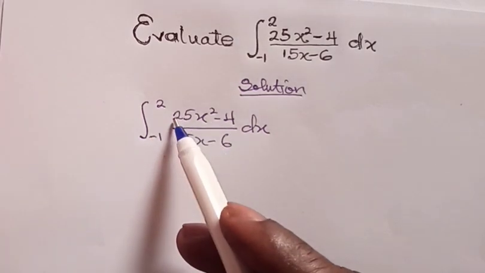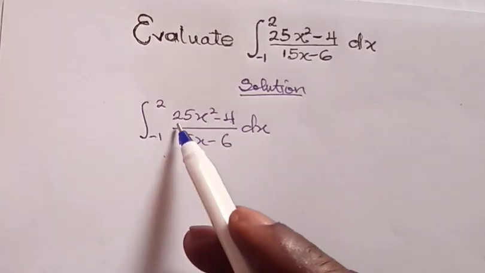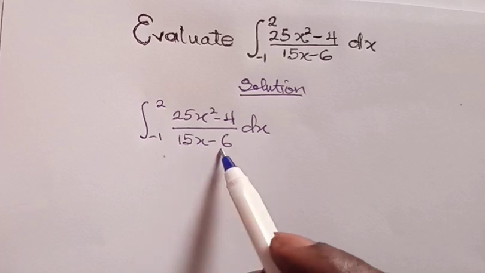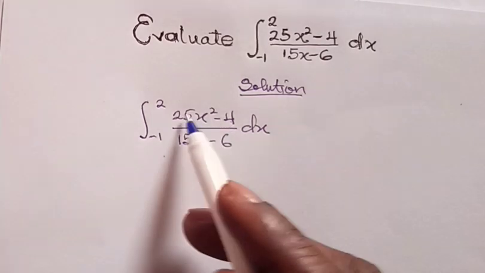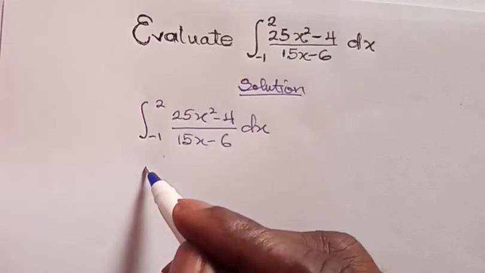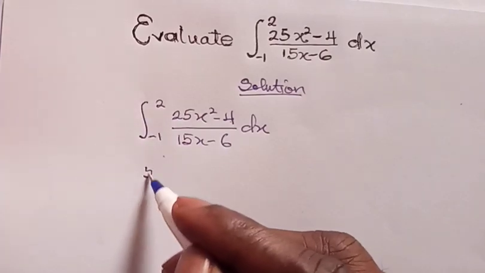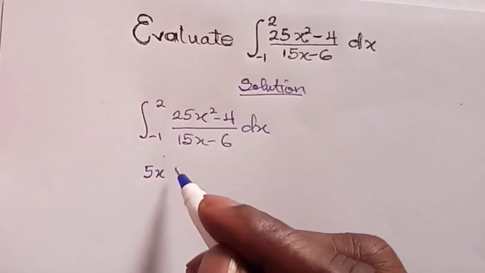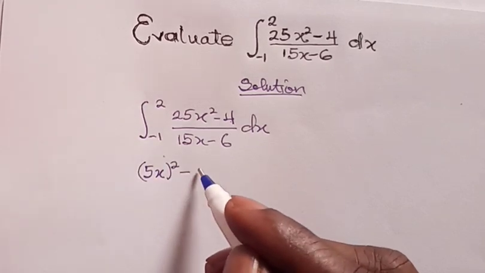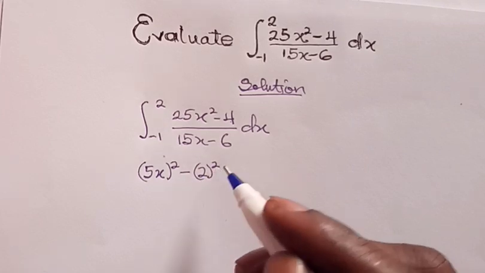Now looking at this, we have 25x squared minus 4 as the numerator, and the denominator is 15x minus 6. So let's solve them one after the other. Let's tackle the numerator. We can write this numerator as (5x) all squared minus 2 all squared.